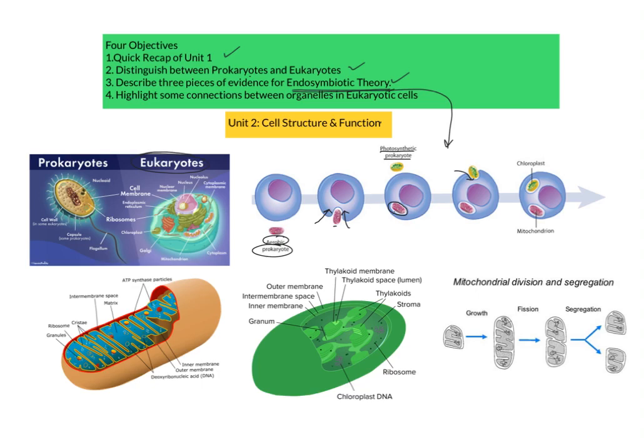Now, there are three core pieces of evidence that are presented in this theory that I'm going to introduce in this lesson. These three pieces of evidence all deal with two organelles found in eukaryotes, mitochondria and chloroplasts.